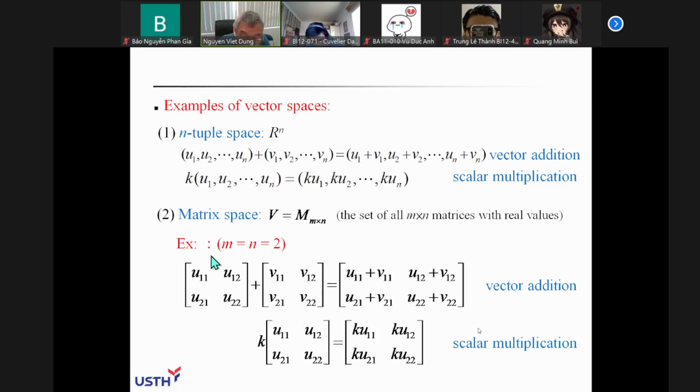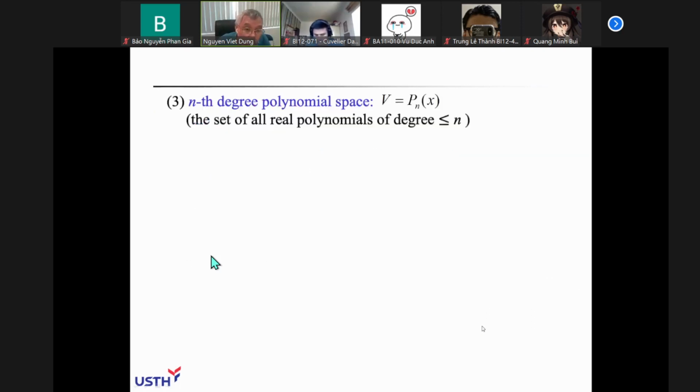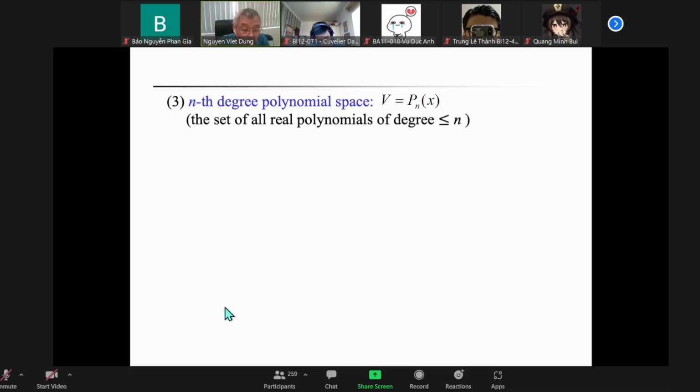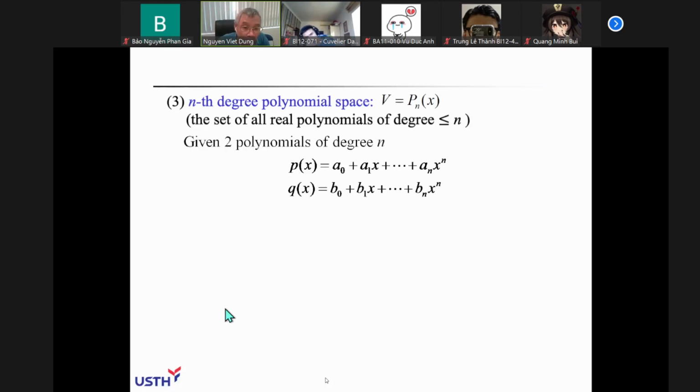And the next slide will show you another example. Here we consider V to be the set of all polynomials of degree less than or equal to n. And I claim V is again a vector space. In order to make it a vector space, we need to define two operations on it.